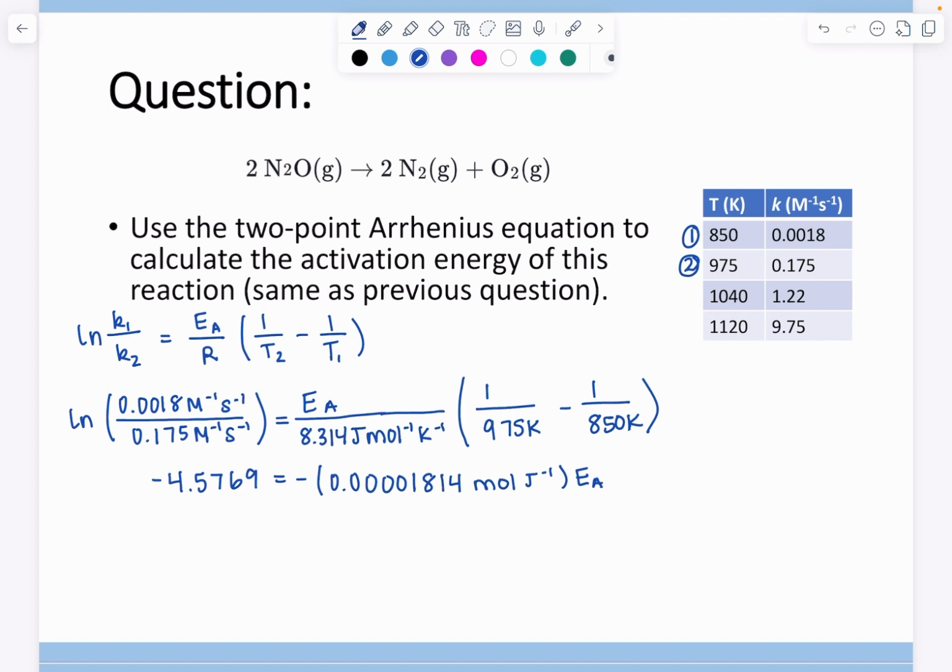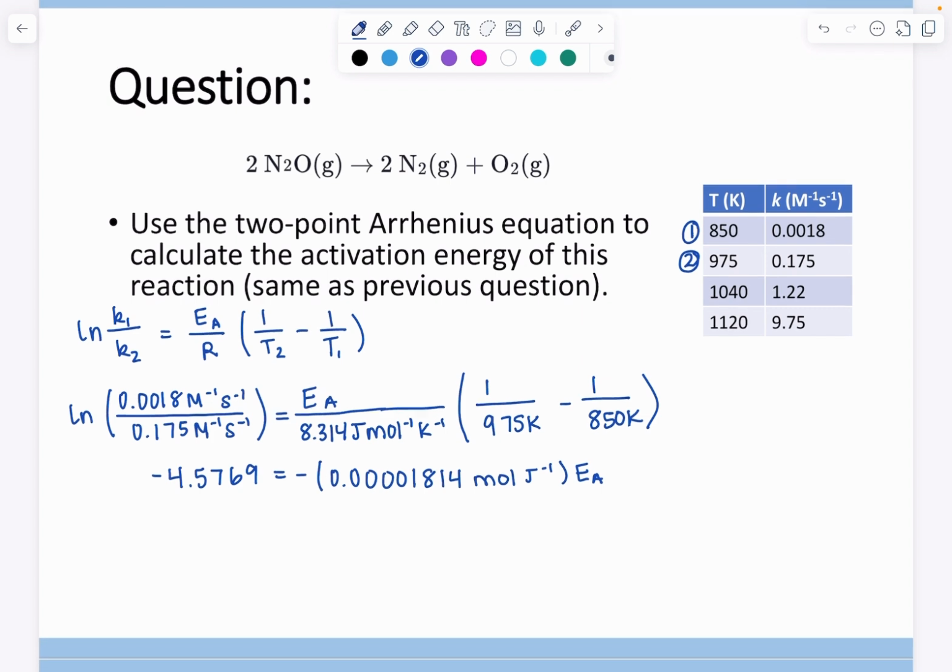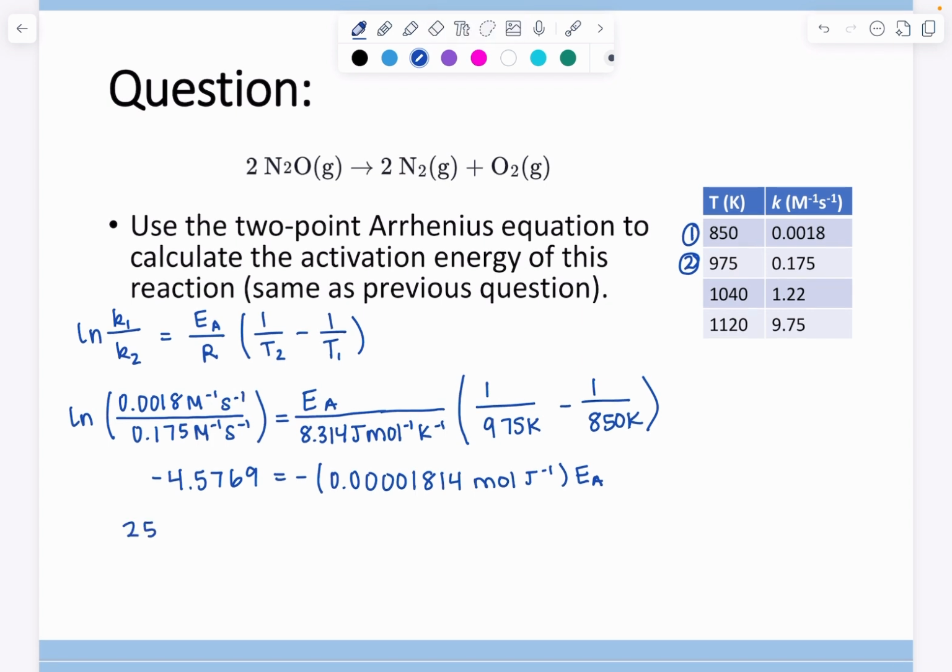If I divide both sides by that 0.00001814 value, I get 252,302 joules per mole as our activation energy. If we convert that to 3 sig figs in kilojoules, that's again 252 kilojoules per mole.